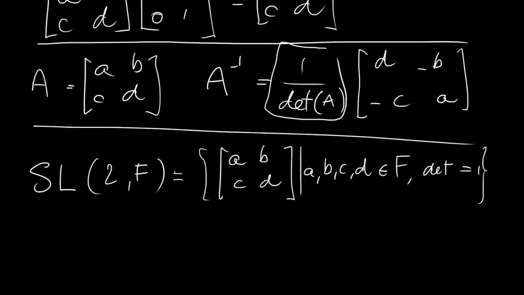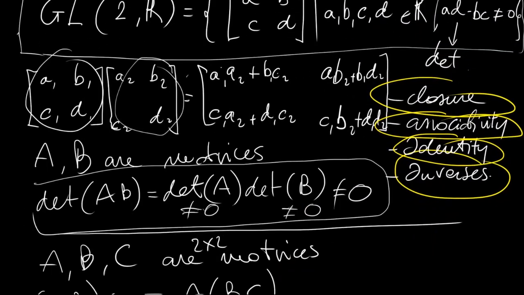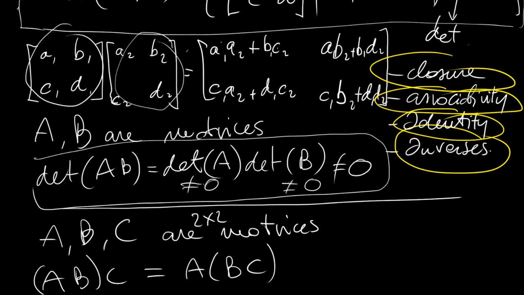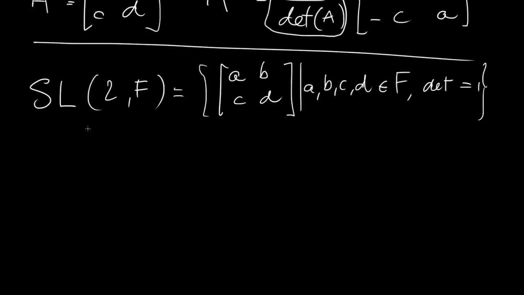And from the GL, the general linear, you can find the closure property by multiplying 2 matrices, and this works for the other one also. Sorry, actually I'm making an argument here. We know that we have closure. We also had the determinant 1.